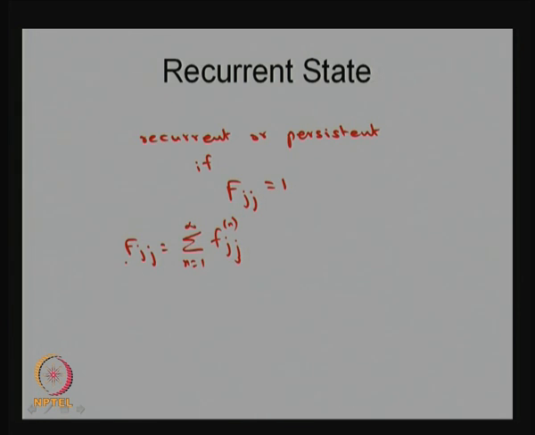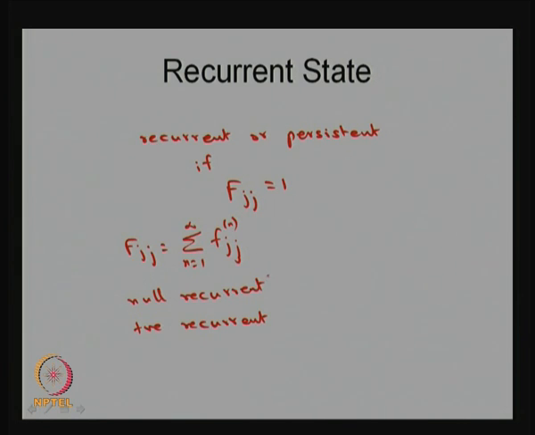We can classify the recurrent state into two forms. One is called the null recurrent, the other one is called the positive recurrent, based on the mean passage time value. So, based on the capital F j j, that is the probability, we classify the state as a recurrent state.